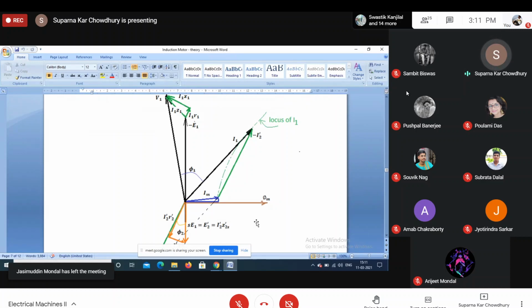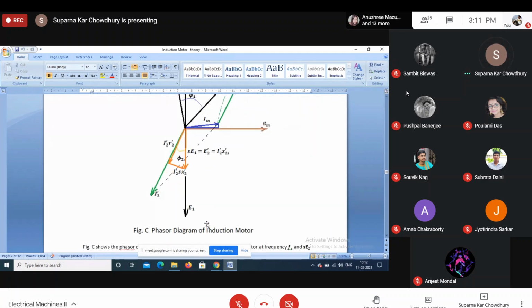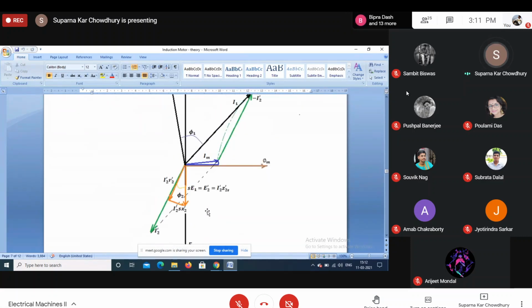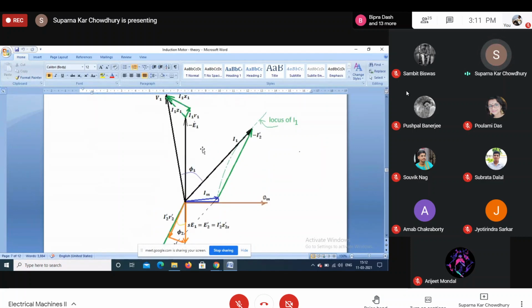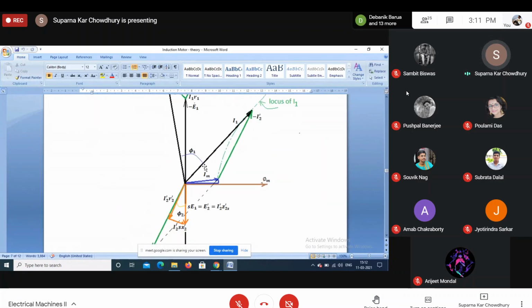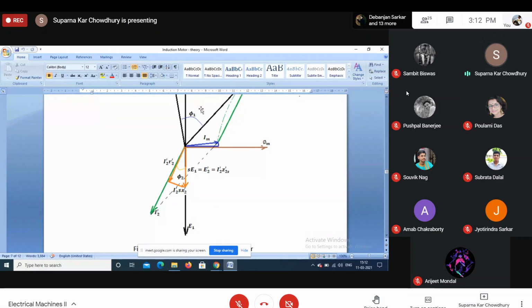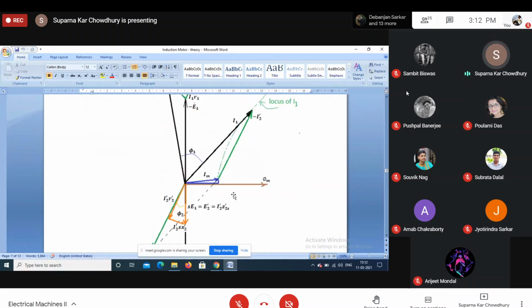So initially, the EMF which was induced in the rotor, if we define it as say E2, E1 and E2 magnitudes will depend on the number of turns. Both E1 and E2 will be at supply frequency initially, but as the rotor's speed increases, the frequency will change.